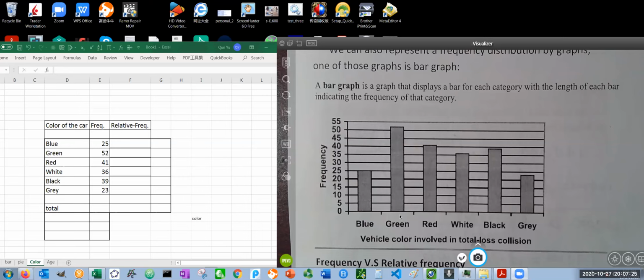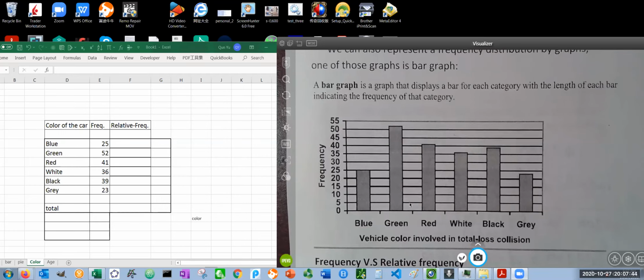The frequency for green car is 52. See, this is a little bit higher than 50, 52. So the height in the bar graph represents frequency, and the events are labeled on the horizontal axis. This is just a different format to represent the exact same thing.